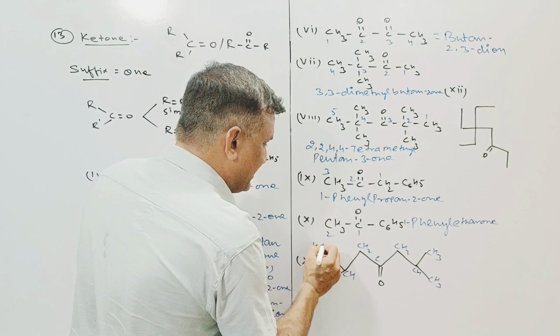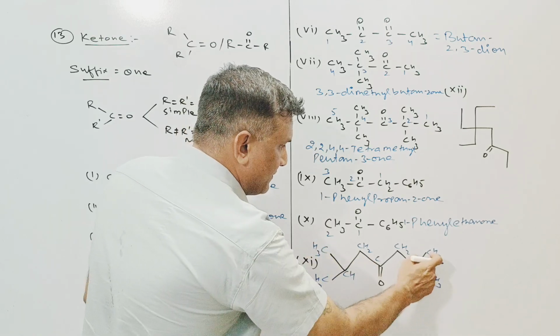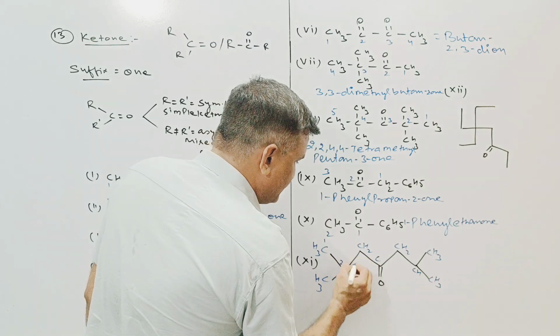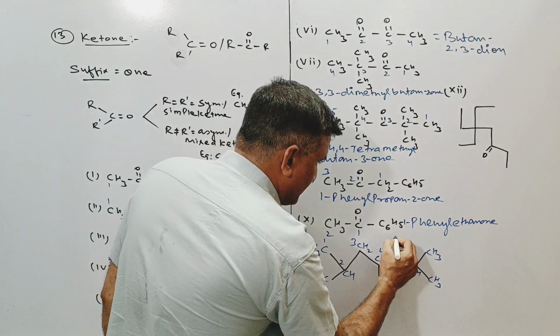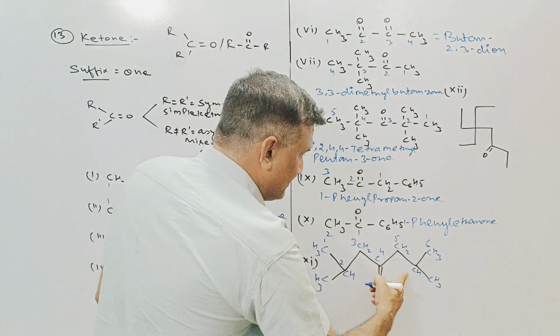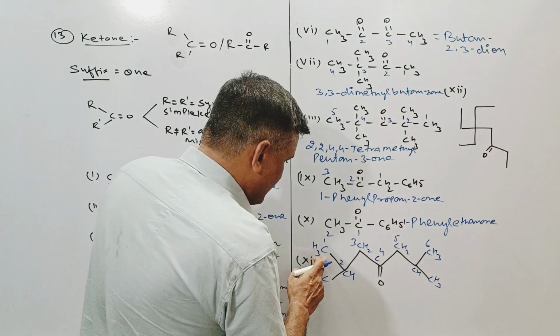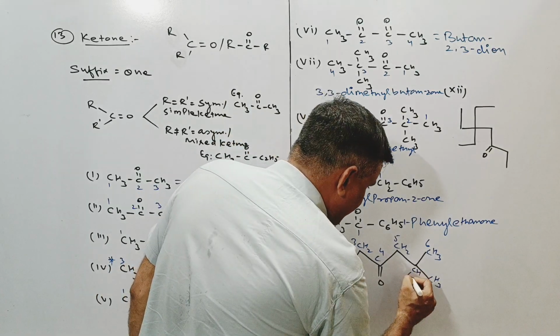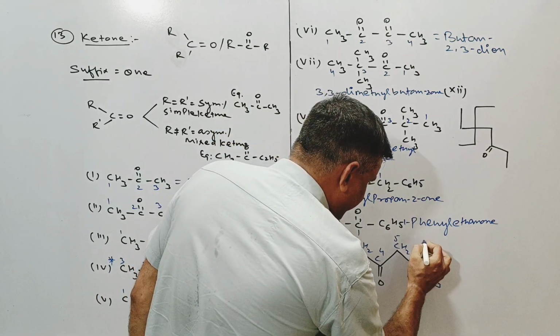The longest possible chain will be as follows: 1, 2, 3, 4. Counting is the same from both sides. So 1, 2, 3, 4, 5 and 6. At number 2 position there is methyl. 1, 2, 3, 4, 5. This will be your 6th carbon atom and this will be your 7th carbon atom.